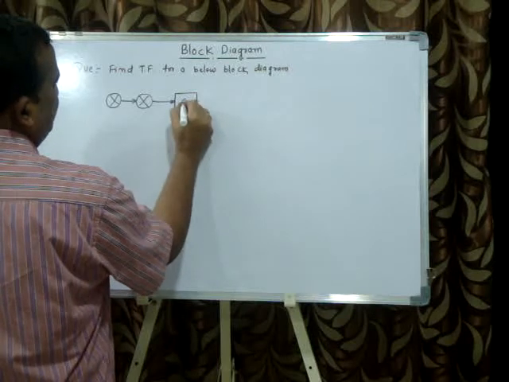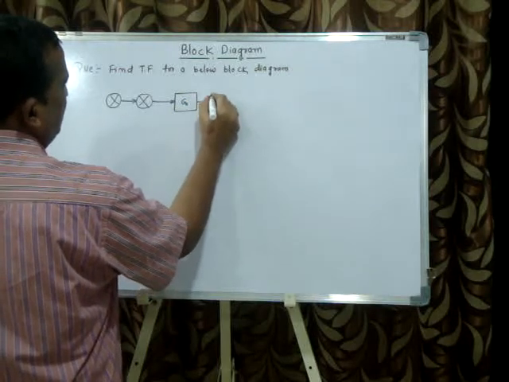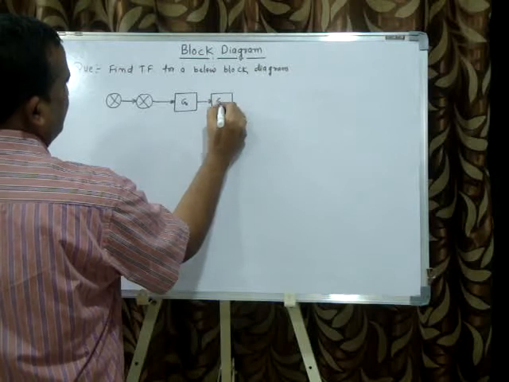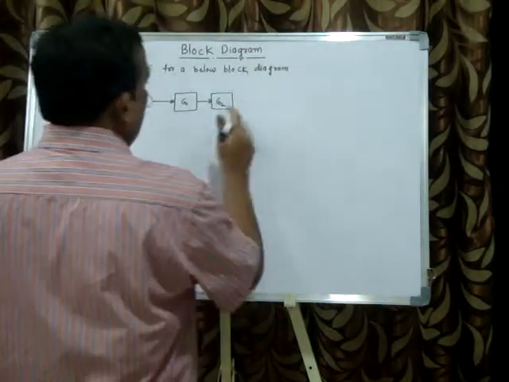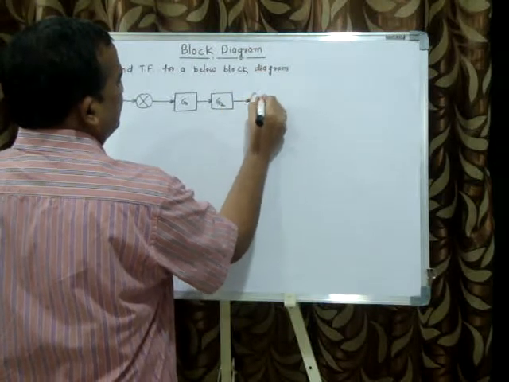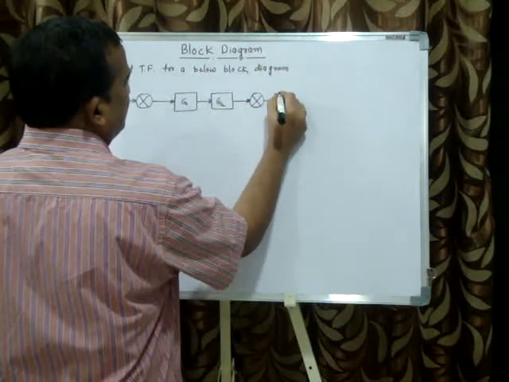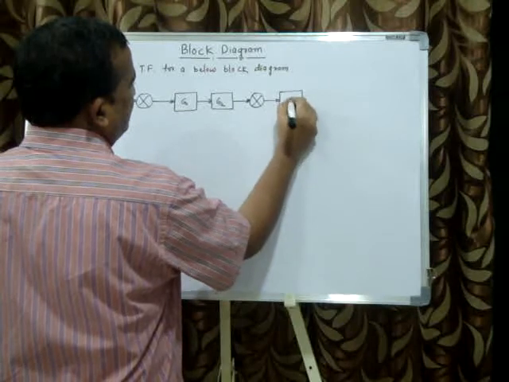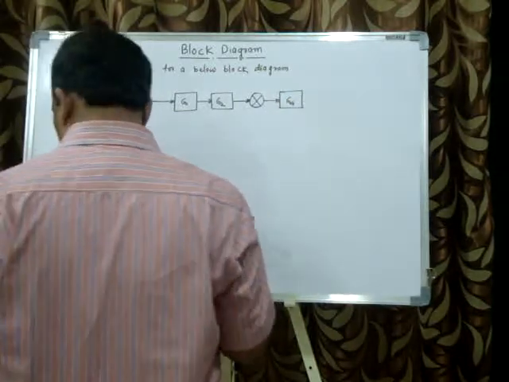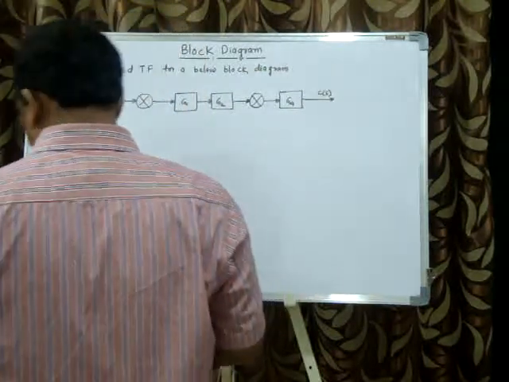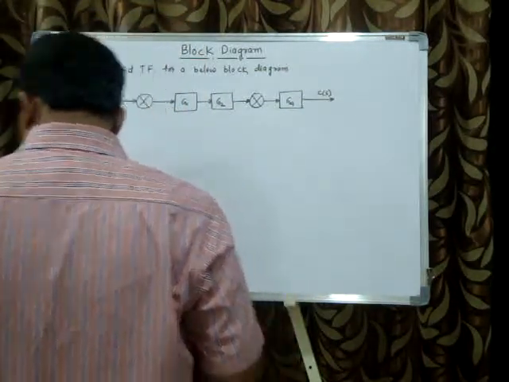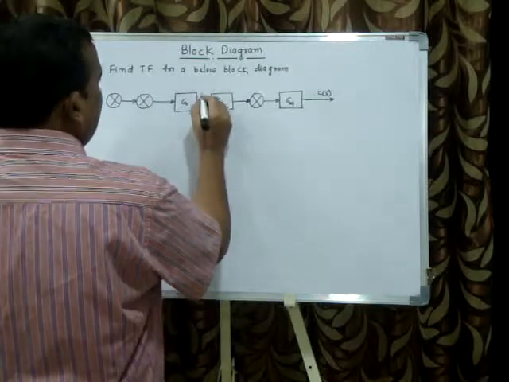G1 and G2, and summing point G4, and then output C of S. And here there is G3.